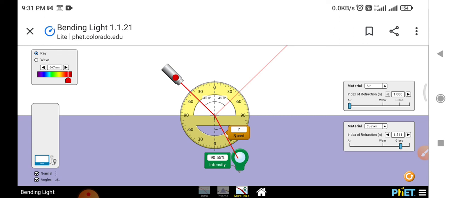For example, the second medium is a glass medium. So the angle of refraction is 27.9. The angle of incidence is 45.